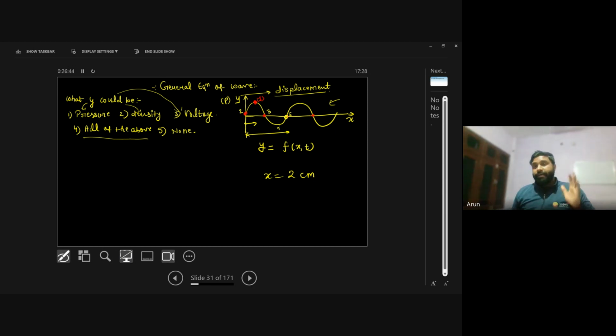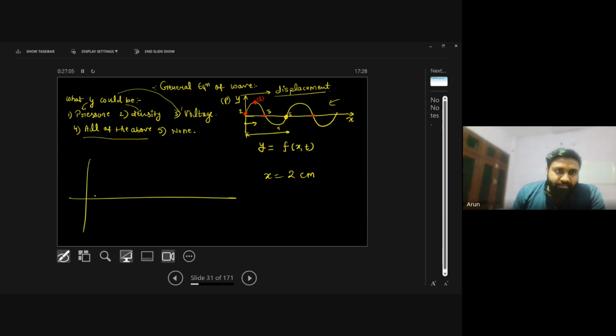But when you reach that particle, you will see that it is also oscillating with time. It is changing its displacement with respect to time, because it is in simple harmonic motion, or let's say any kind of oscillatory motion, not specifically simple harmonic. Okay, let's imagine it in a bigger way.